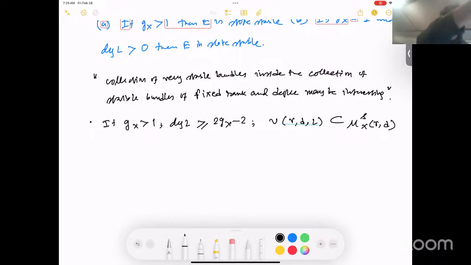And if the genus is 1 and the degree of L is greater than 0, then also the same holds.